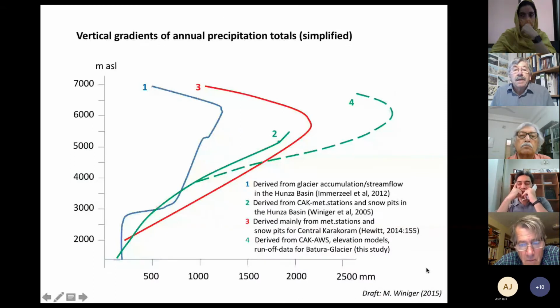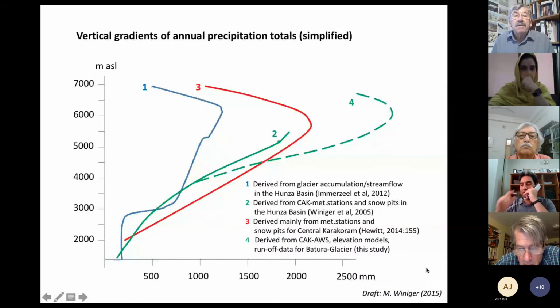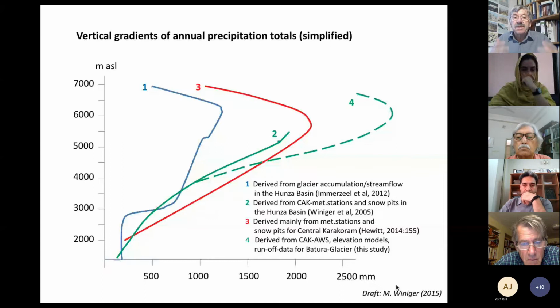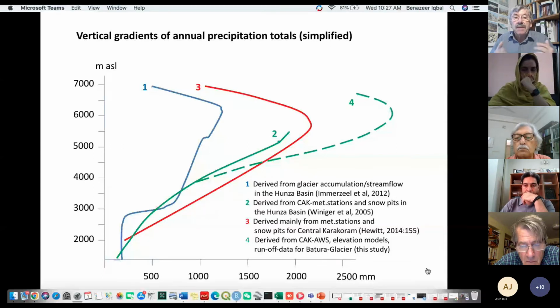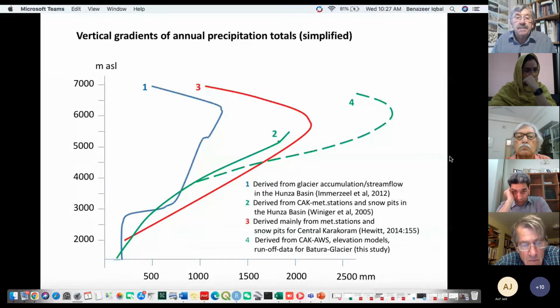Okay. You see here vertical gradients of annual precipitation totals. That includes, of course, snowfall as well. It's liquid and dry precipitation. On the left side, meters above ground, and on the lower axis, the amount of rainfall or precipitation.